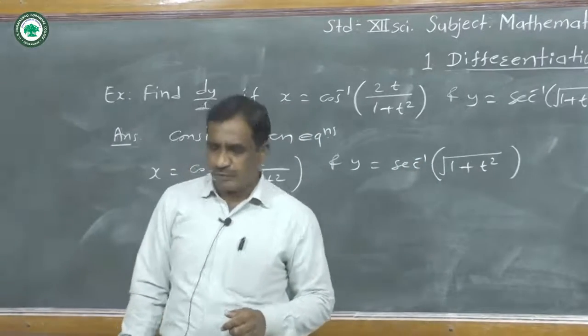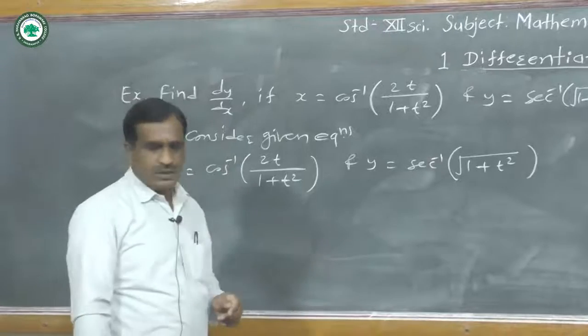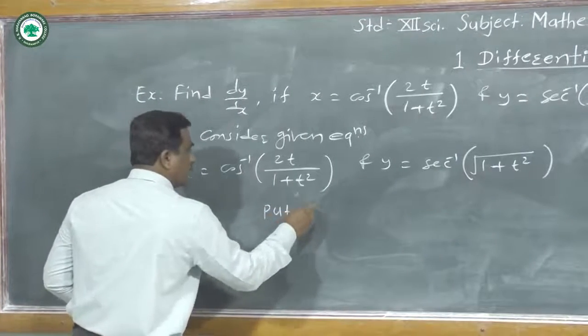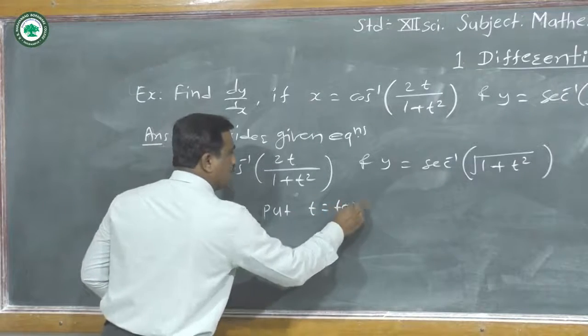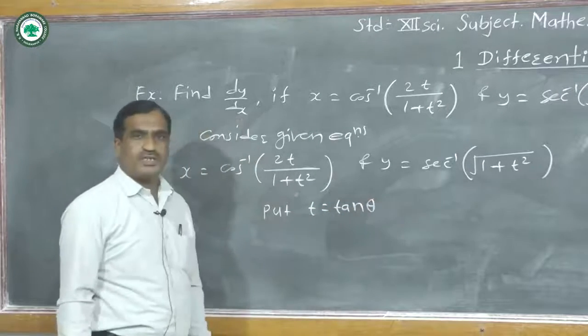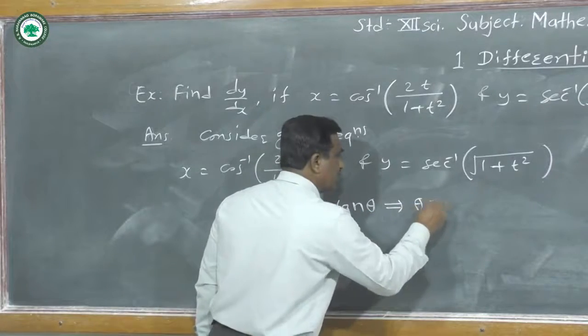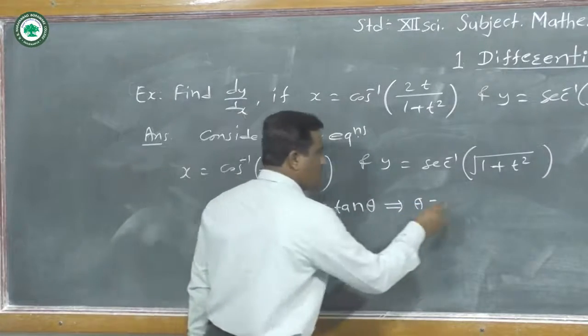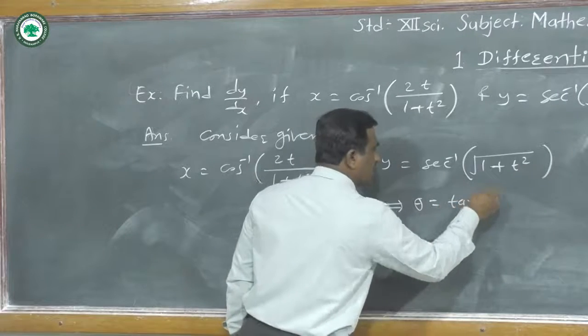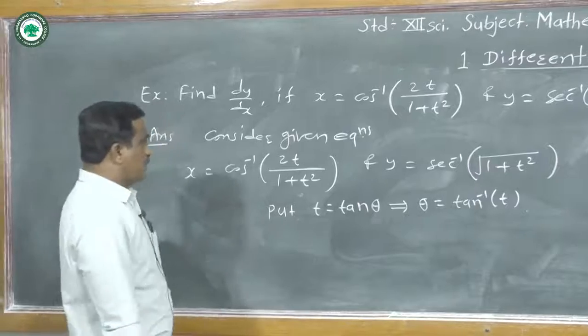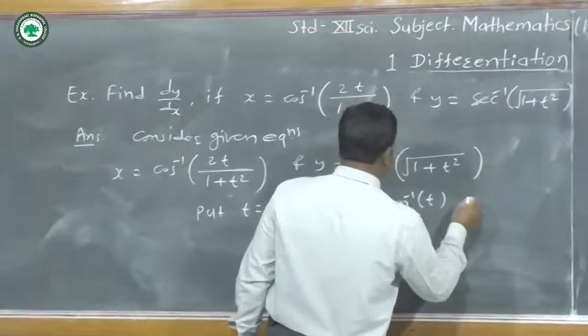Therefore we use substitution. Put t is equal to tan theta. This implies that theta is equal to tan inverse of t. Say this as equation number 1.